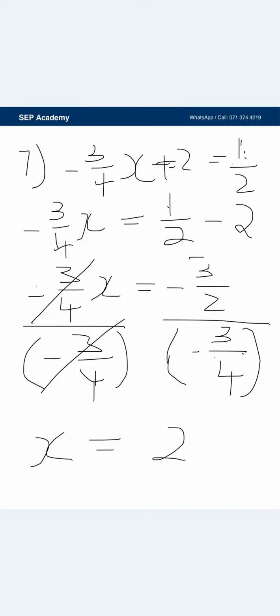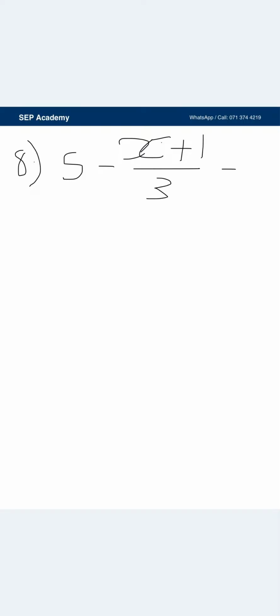Maybe let's squeeze in the last example, and then from there we will see if we can find something a bit more challenging. So let's say here we have now 5 minus x, that is being added to 1, and then that being over 3, and this is equal to 2. So it shouldn't be complicated, because I will just take that 5 to the other side.